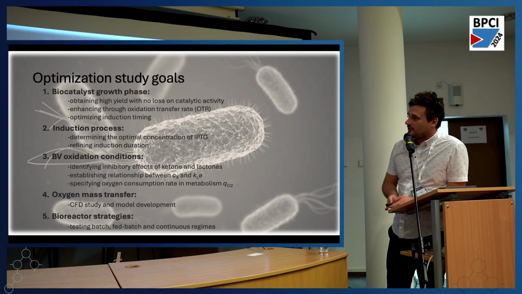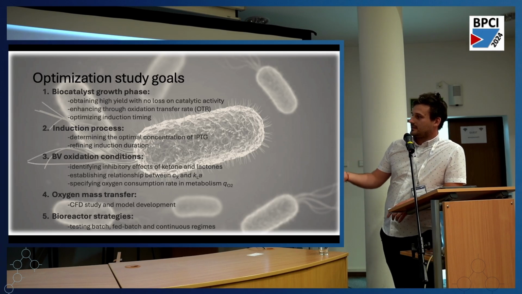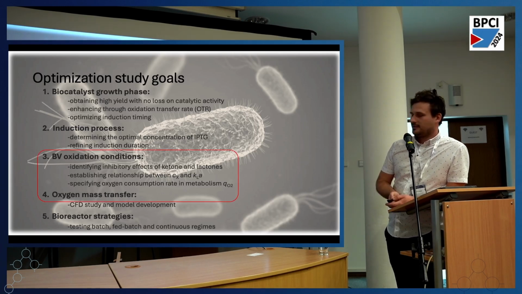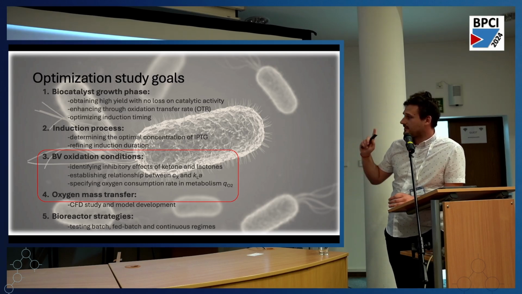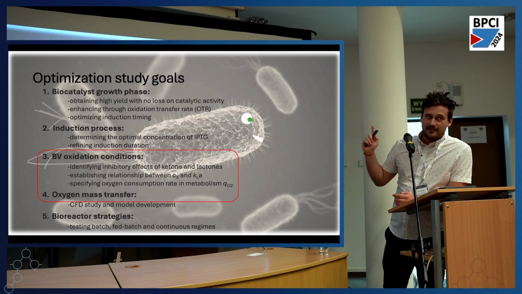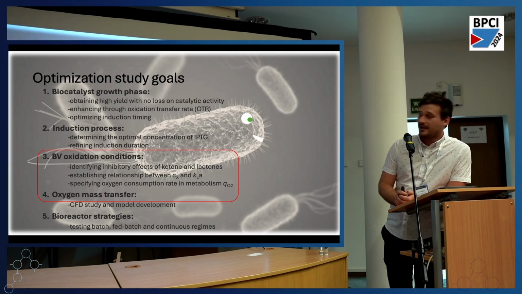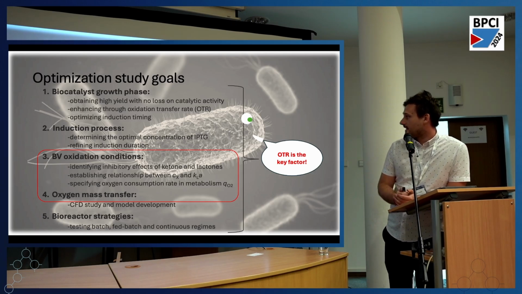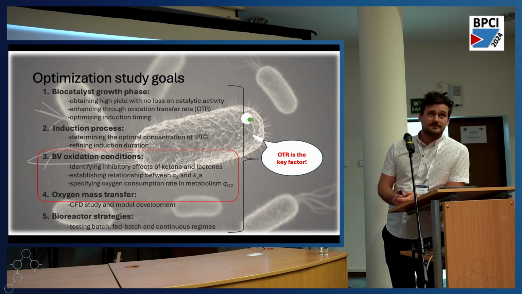The investigation can be divided into 5 distinct phases, where in this lecture I'm going to mention only these 2. However, all these sections have something in common, and our bacteria cells knew it all the time, but we didn't. And it is that a crucial factor is the oxygen transfer rate.